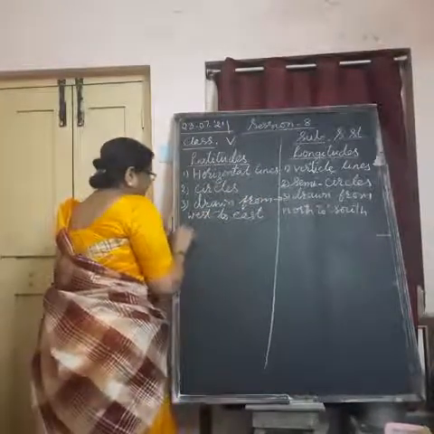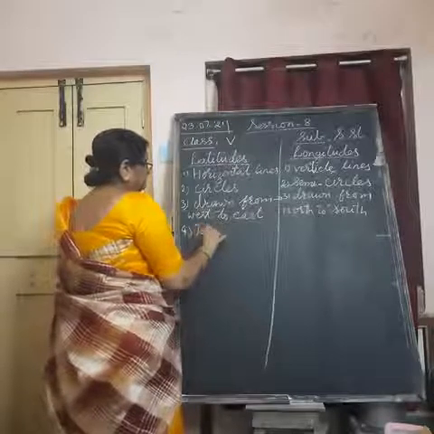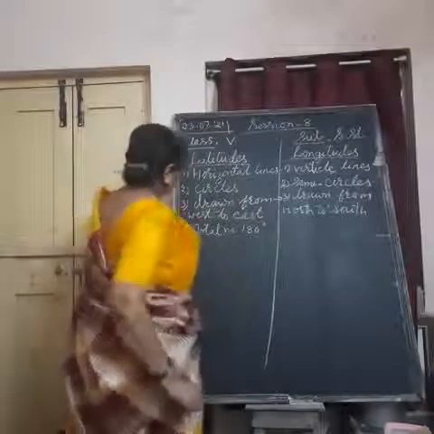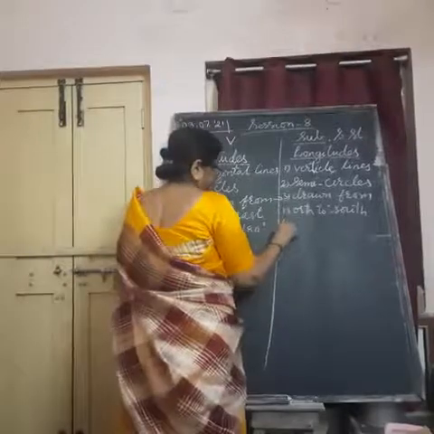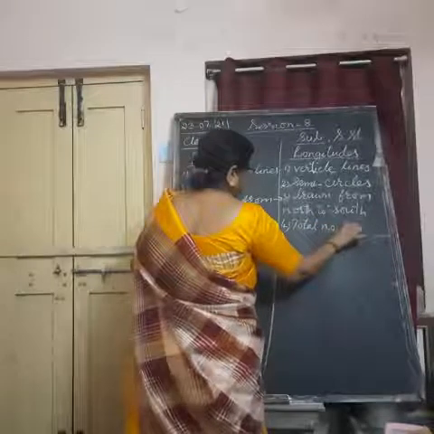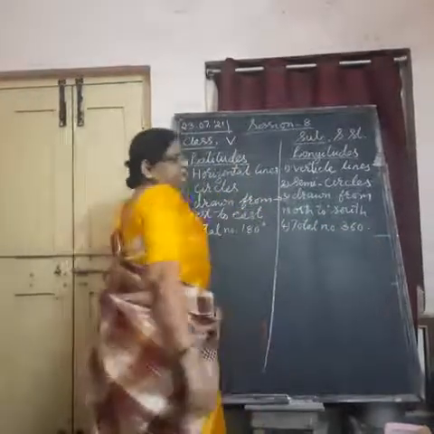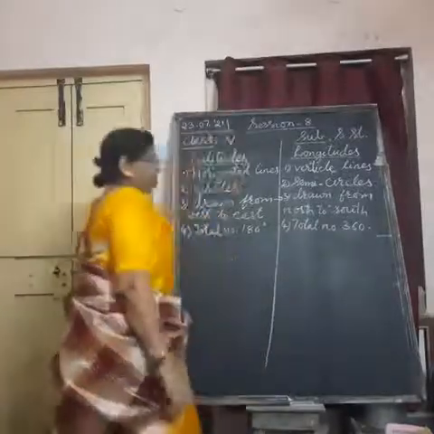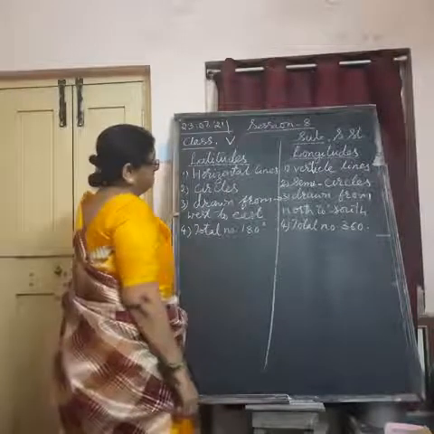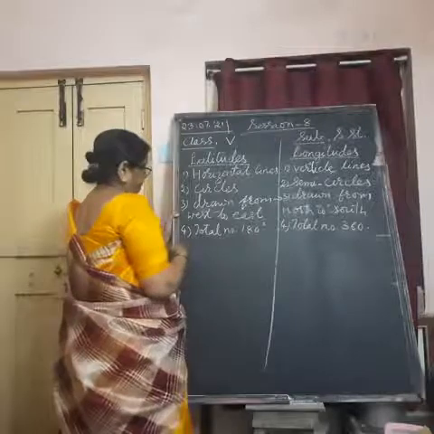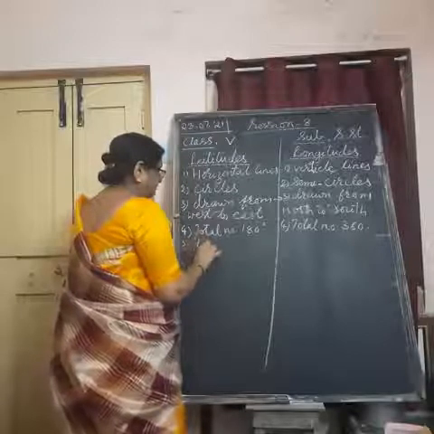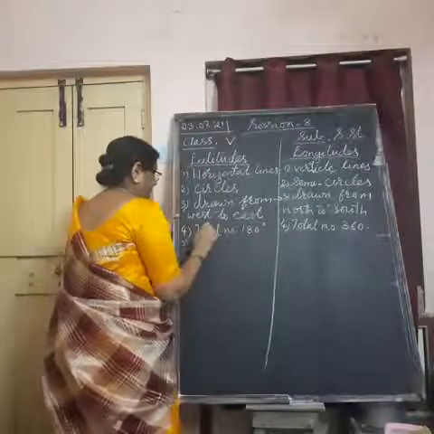And fourth is the total number of latitudes, 180 degrees, whereas the total number of longitudes is 360.